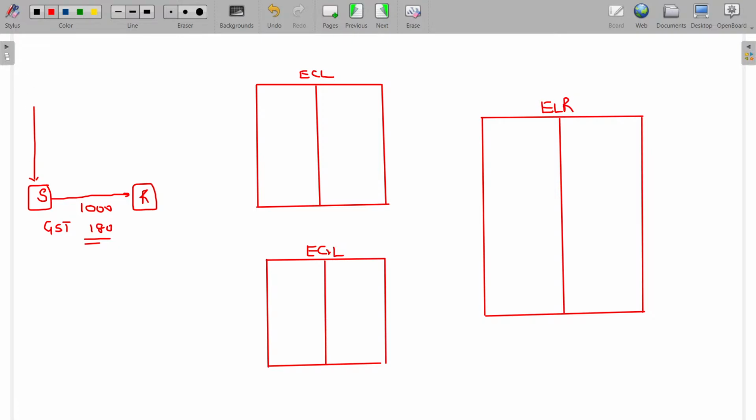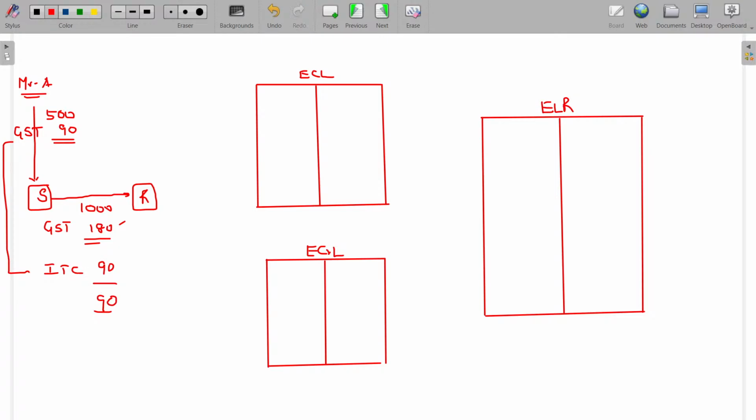The supplier received it from his supplier, Mr. A, 500, GST on this being 90. Clear? Now, the supplier has to pay 180 and get this GST as ITC, and the balance amount payable being 90. Is that clear? This is the order.